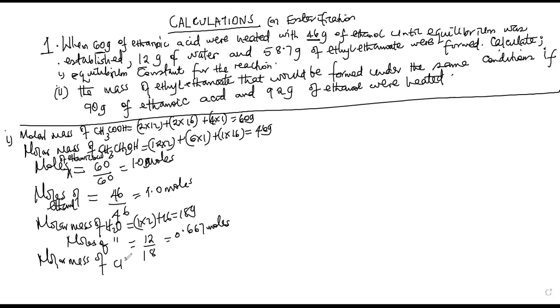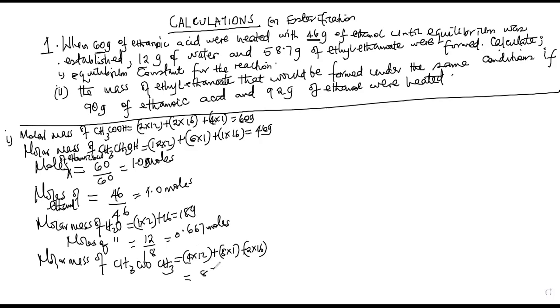Then also we get molar mass of ethyl ethanoate, that is CH3COOCH2CH3. So the molar mass of ethyl ethanoate, we shall come up with 4 carbons times 12 plus 8 hydrogens times 1, then plus 2 oxygens times 16.